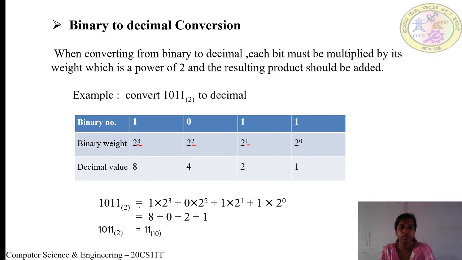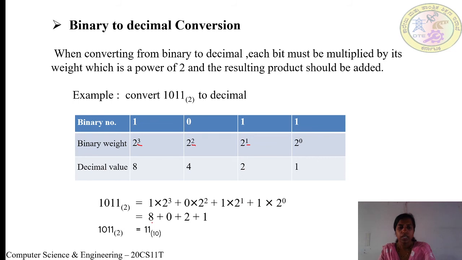So according to the procedure, take every bit of a binary number and multiply it by its equivalent binary weight. So that is 1 into 2 to the power of 3 plus 0 into 2 to the power of 2 plus 1 into 2 to the power of 1 plus 1 into 2 to the power of 0.